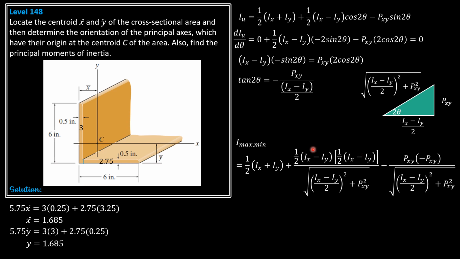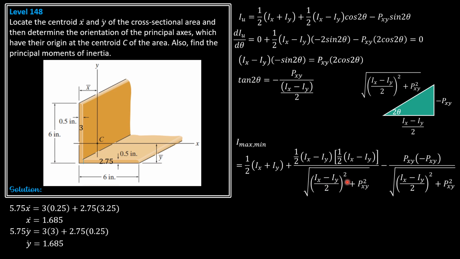Take note that the numerator is actually the same as the quantity under the radical in the denominator. So it's like a quantity divided by the square root of that quantity. Therefore, if you simplify, that's the square root of the same quantity.